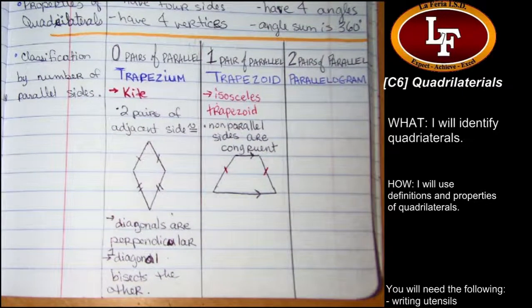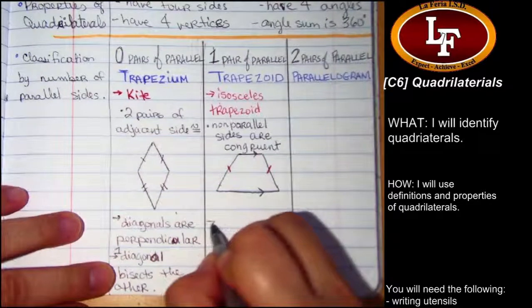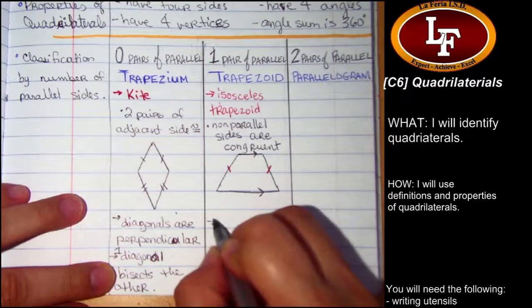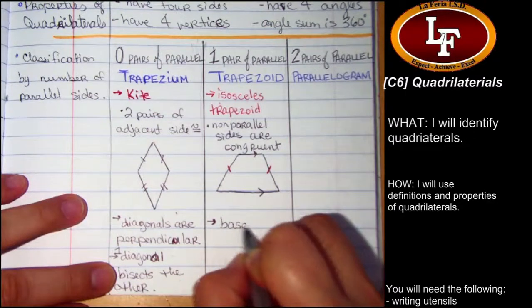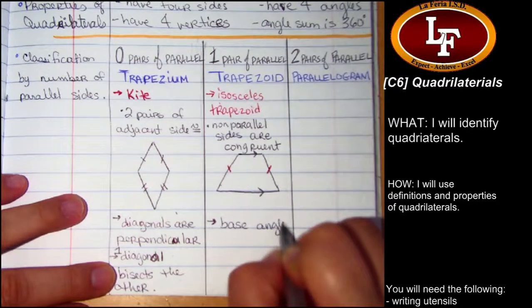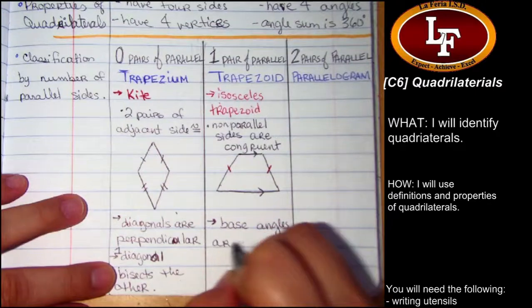And it too has a special property, more than just four sides and four angles. The isosceles trapezoid's special property is that the base angles are congruent.